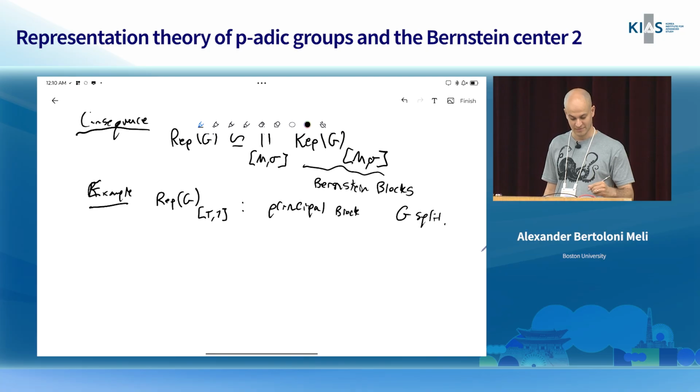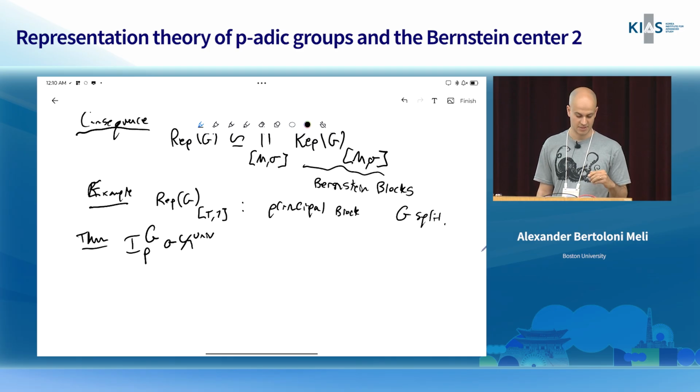Okay. Well, then what is the theorem I want to say? So the theorem is that you can take sigma and you can twist it by this universal unramified character for the Levi that we saw before, and then you can parabolically induce.